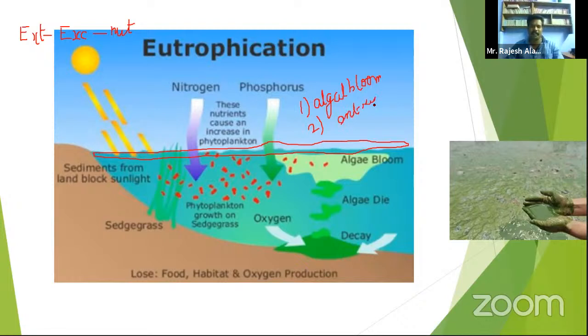Entry of sunlight. When entry of sunlight is not assured, what happens, sir? Atmospheric oxygen can't enter here. So when atmospheric oxygen is not dissolving with water, already I told, water has only 100 to 150 times lesser amount of oxygen when compared to atmospheric oxygen.